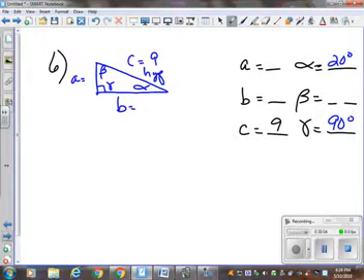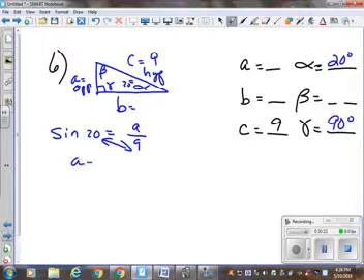All right, so let's talk about sine. Sine of alpha, being 20 degrees, is equal to opposite over hypotenuse. So that's A over 9, because A is the opposite side and C is your 9. So that's a cross multiply problem. A equals 9 sine of 20.